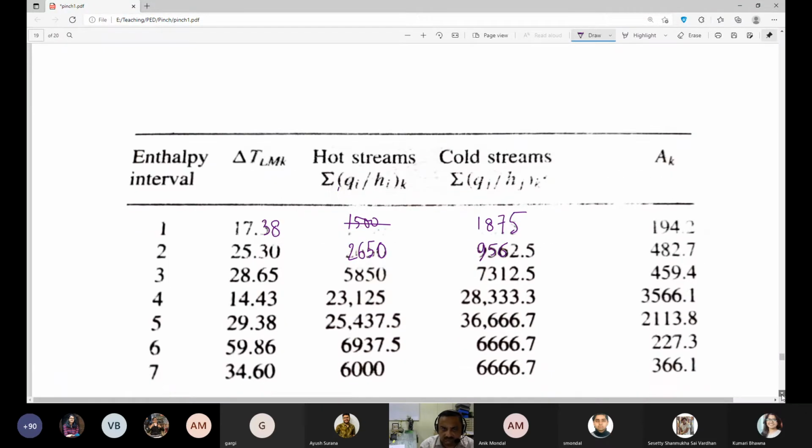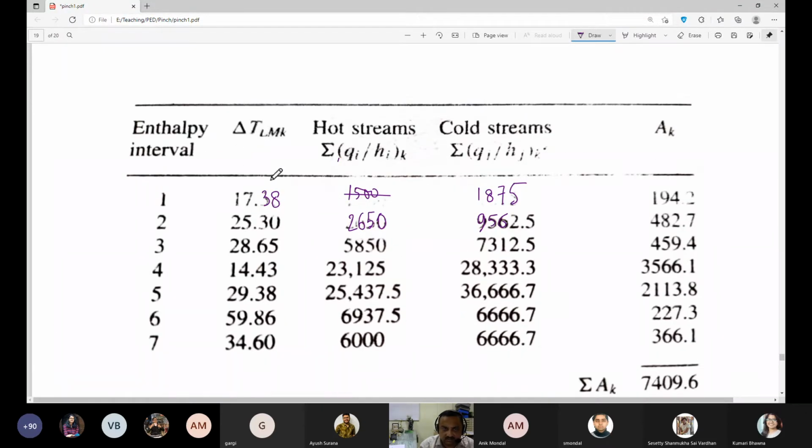I have 7 such enthalpy intervals. So find the corresponding delta T log mean values. And why do we need to evaluate this? For that you can see the area of the network, the heat exchanger network.